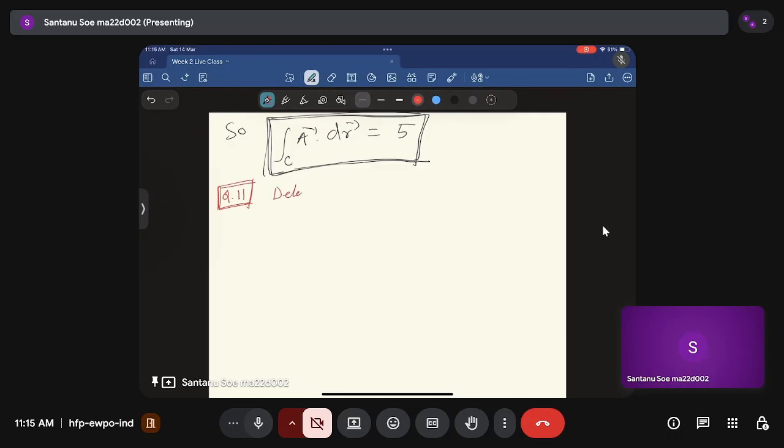Determine whether the vector field f of xy equals (2xy plus 3x square) into i cap plus (x square plus 4y) into j cap is conservative.